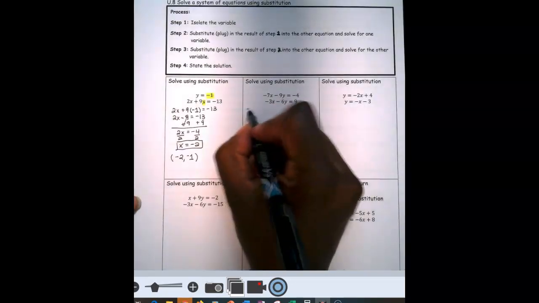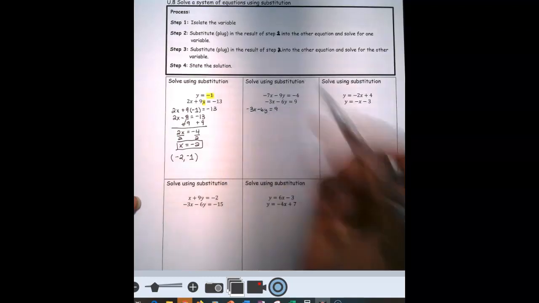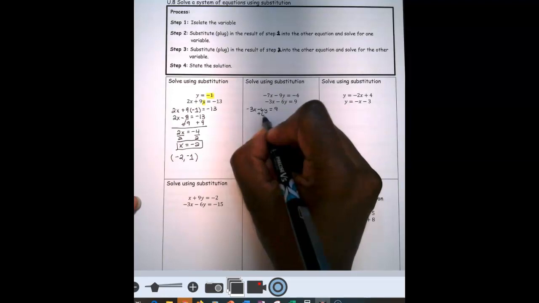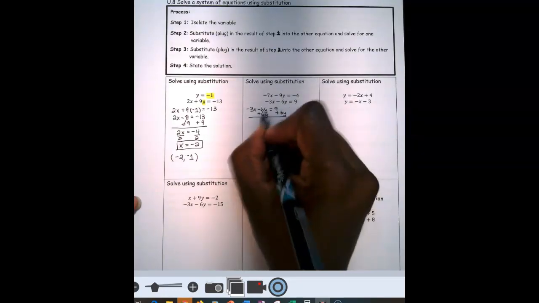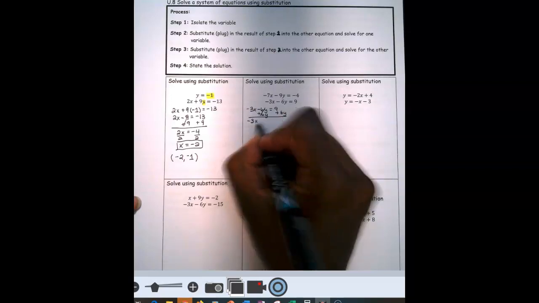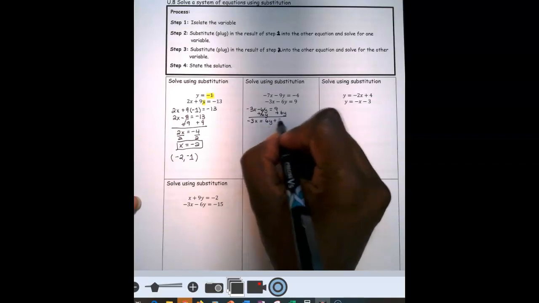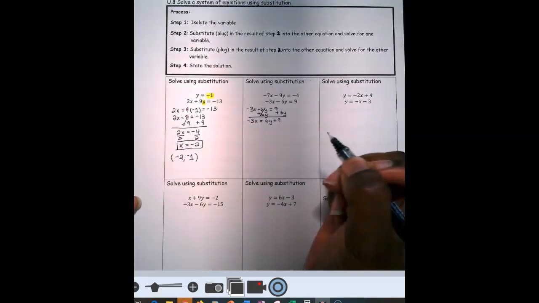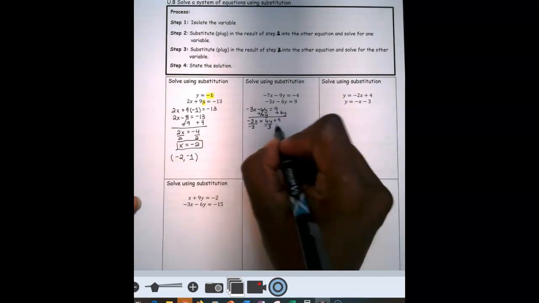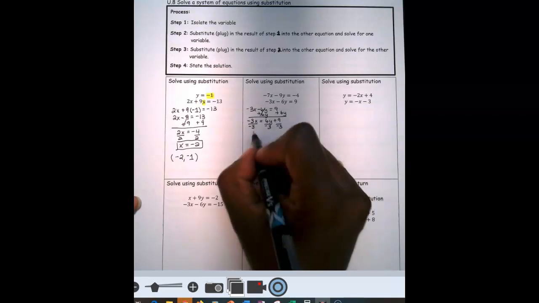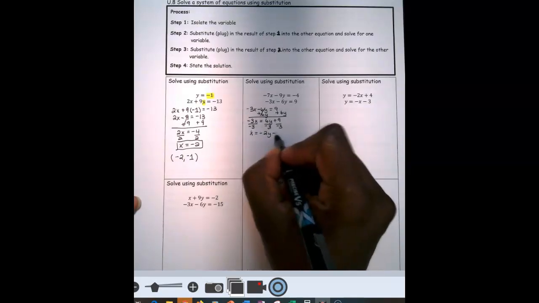So I take -3x minus 6y equals 9, and I add 6y to both sides of the equation. That leaves me with -3x equals 6y plus 9. I want x alone, so I'm going to divide all three terms by -3, and that leaves me with x is equal to -2y minus 3.